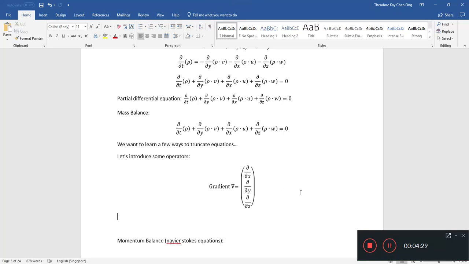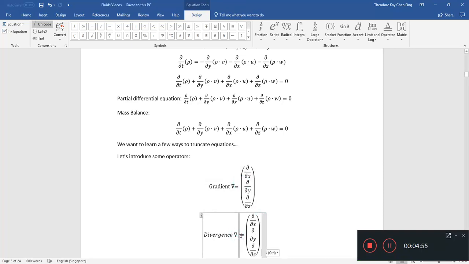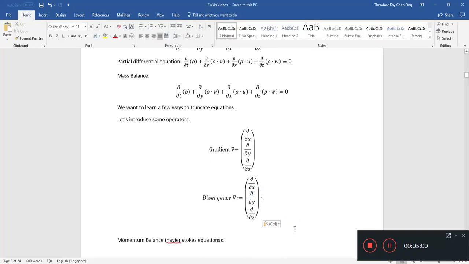Now, if you have a divergence operator, it's very similar to the gradient. Divergence is nabla or del dot. The dot is usually this. So you have this gradient operator here, and then you have a dot. You should know some of this before, but I'll explain what this is actually doing in a bit.